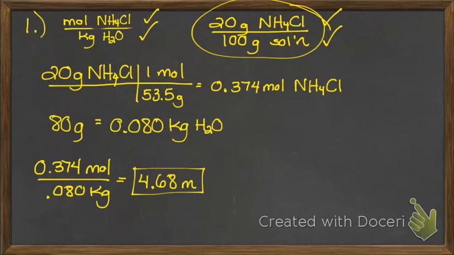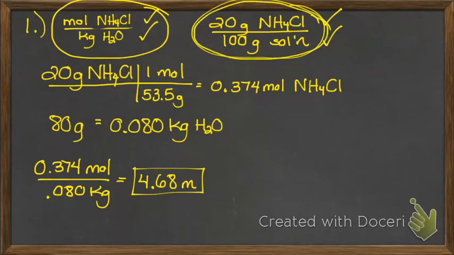In these mixed problems, what I really suggest doing is exactly the way I started this problem. Write out the fraction of what you're supposed to be finding, and write out a fraction of the information that you're given.